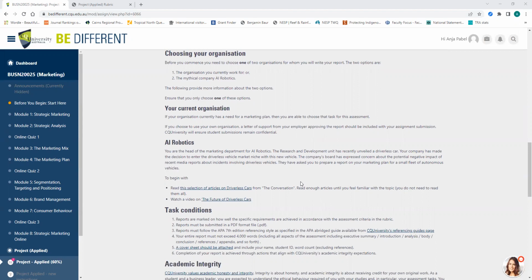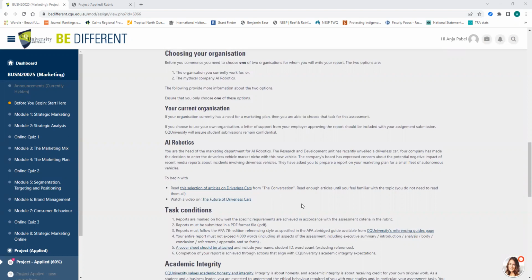So you might actually need to get a bit more familiar with what this driverless car space is all about. And to get you started, there are 2 helpful links here that actually encourage you to get a bit of knowledge on this topic. A last word on just the overall structure of your report.